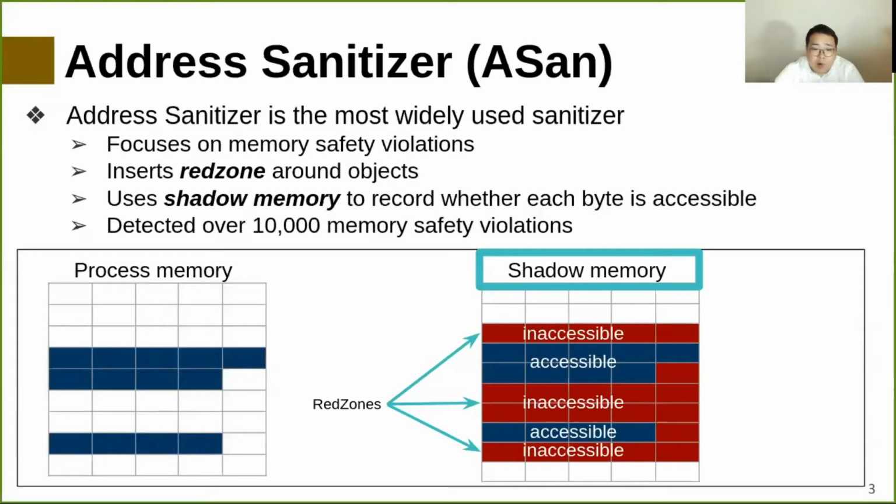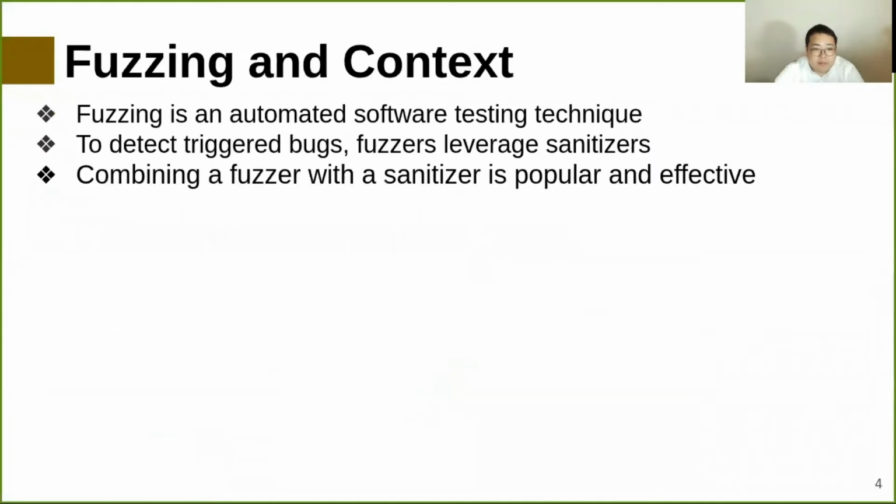Then, if the program accesses this red zone during an execution, like invalid address P, address sanitizer can detect memory errors. So far, Address Sanitizer has detected more than 10,000 memory safety violations.